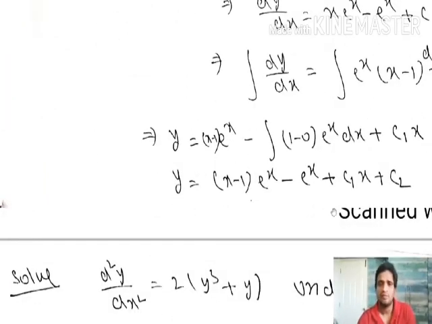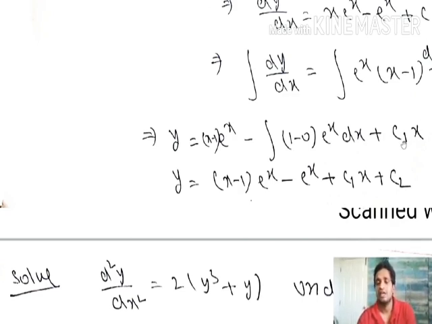So again, one more time we are integrating dy by dx, and integrating this total value including constant c1 also. So y is equal to the integral of e power x into x minus 1, again you apply integration by parts. So x minus 1 into e power x minus the differentiation of x minus 1, which is 1 minus 0, times the integration of e power x, which is e power x only, into dx, plus c1 dx.